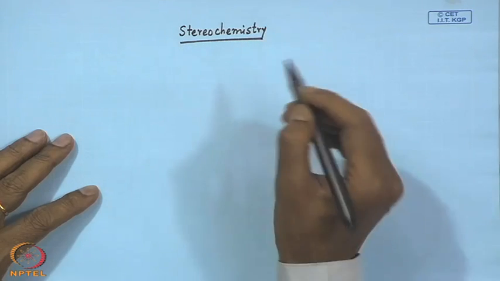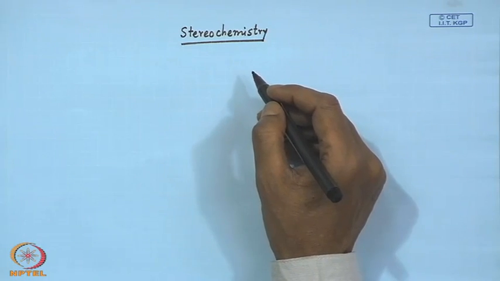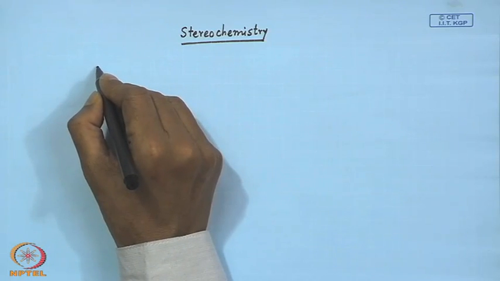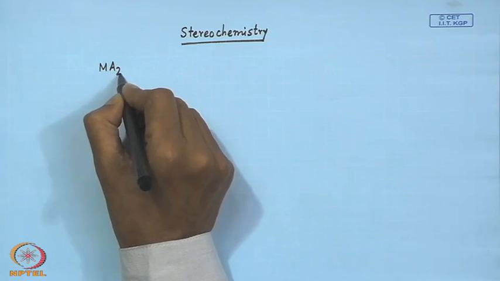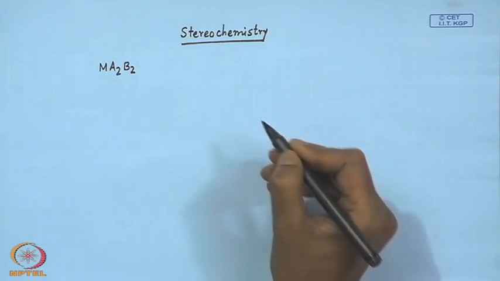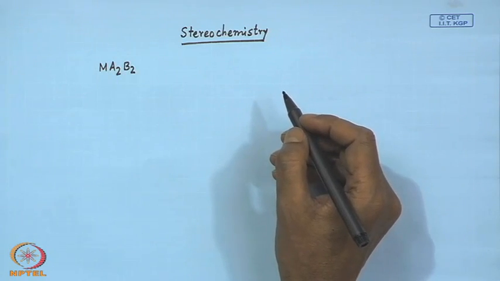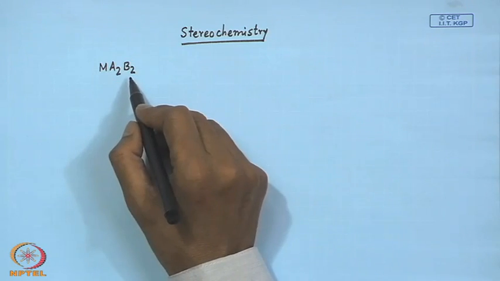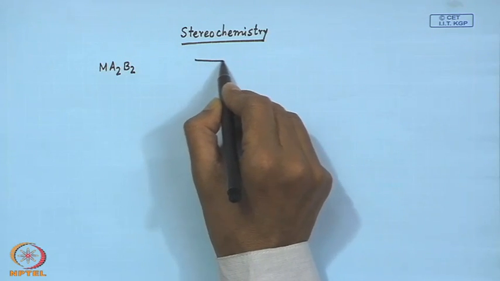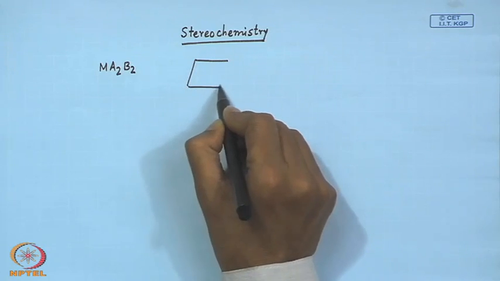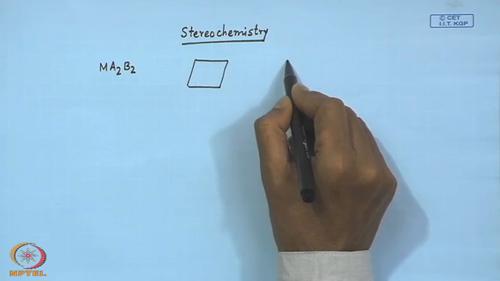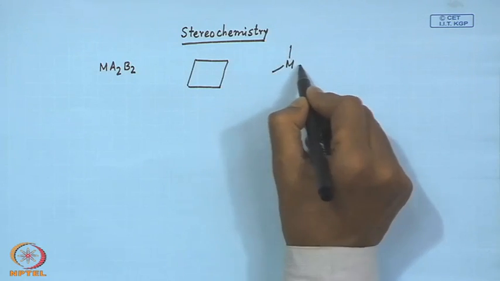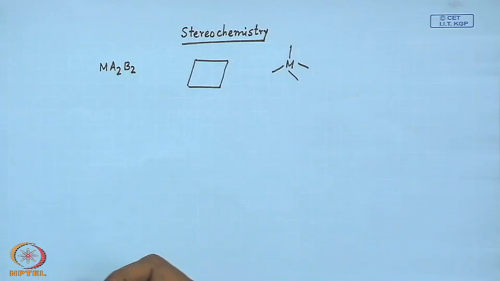We have seen that if we have an MA2B2 type compound, that means two of the ligands of each type, and we talk about the geometry, one is square planar and another is tetrahedral.